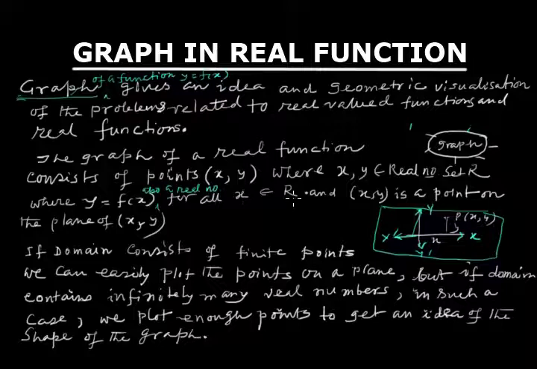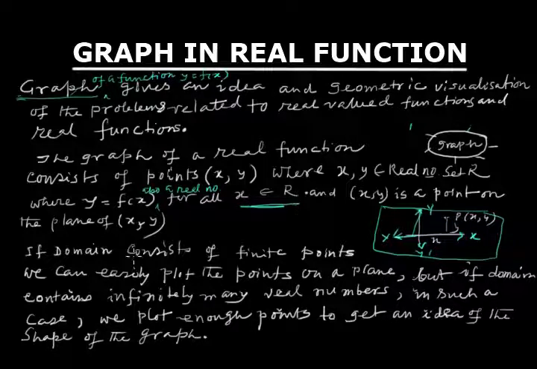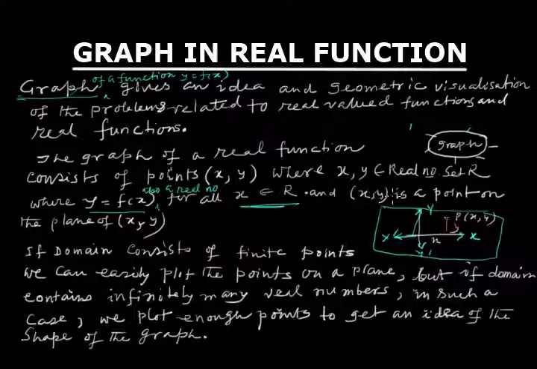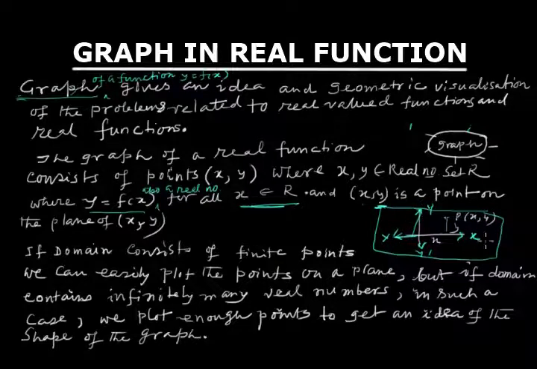As it is a real function, we take all values of x belonging to R, and y = f(x) are also real numbers. So (x, y), where y is f(x), is a point on this plane, and joining the points we get the graph of the function.